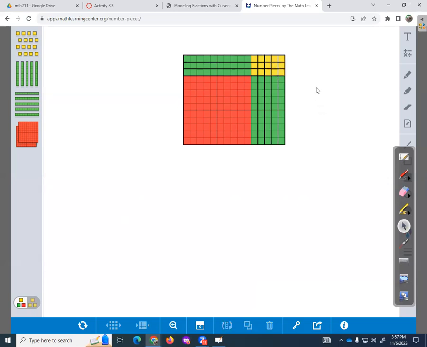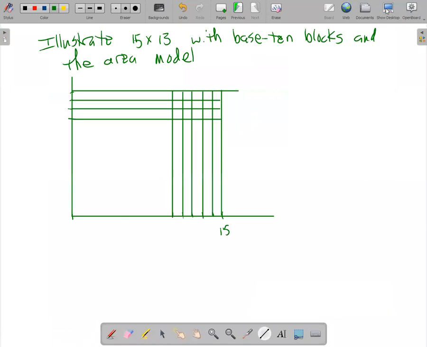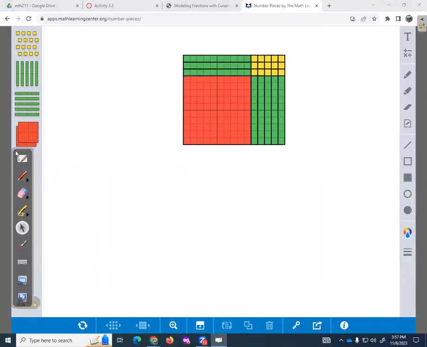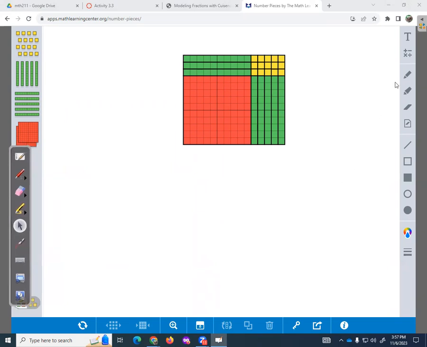Oh, try illustrate here. So the Math Learning Center app does have a pen. Color is blue. That should work.